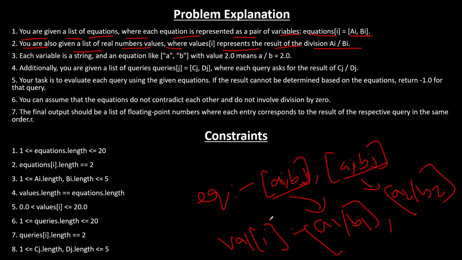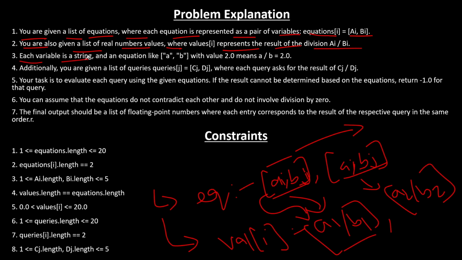So we have one equation list and one value list. The equation list contains [a, b] multiple times, which are different values, and the division of those is contained in this particular value list.